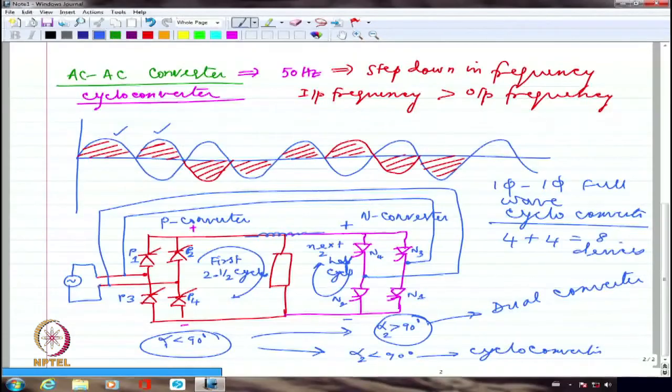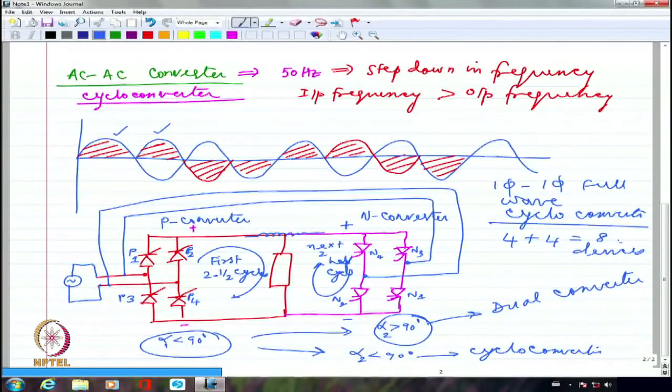But the moment you use forced commutation, the entire thing will become very, very complex. So generally, we do not use SCR based cycloconverter for increasing the frequency, because if you want to increase the frequency, you necessarily need to put forced commutation circuits. You have to turn off the devices somewhere in between.